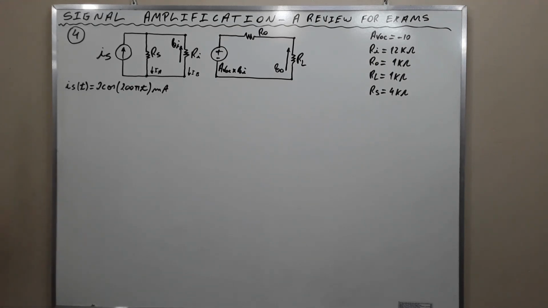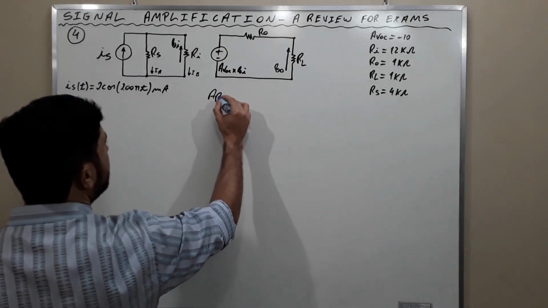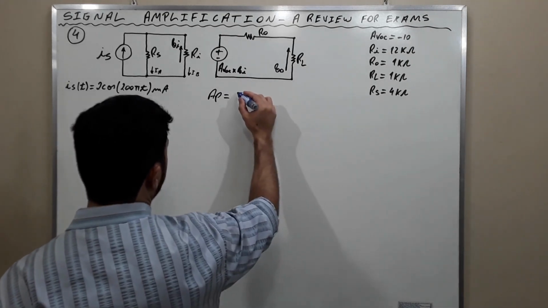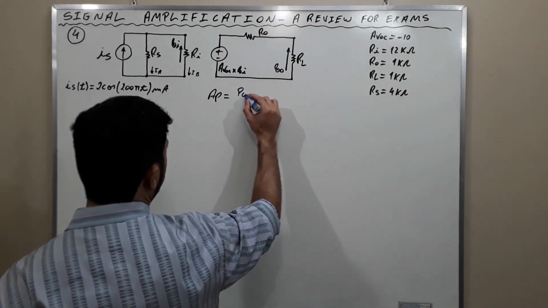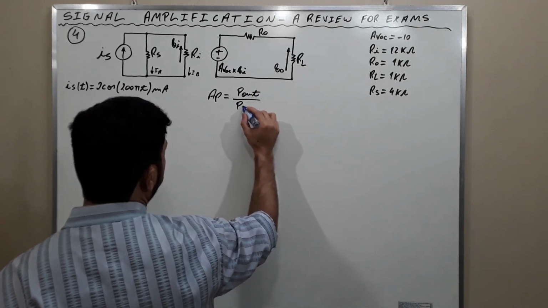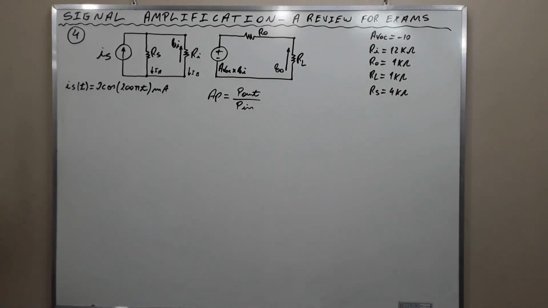The power gain is the ratio between the output power and the input power. Okay? The power gain, AP, is the ratio between the output power and the input power. Okay?